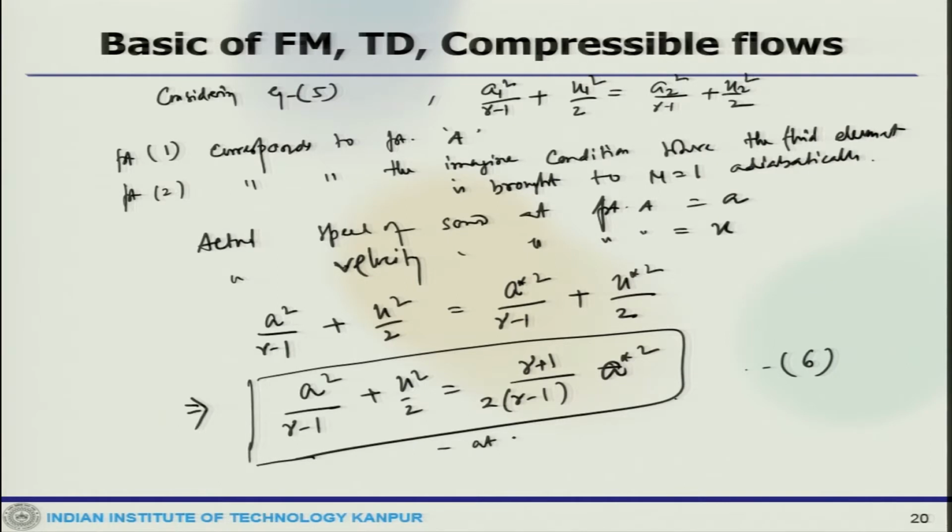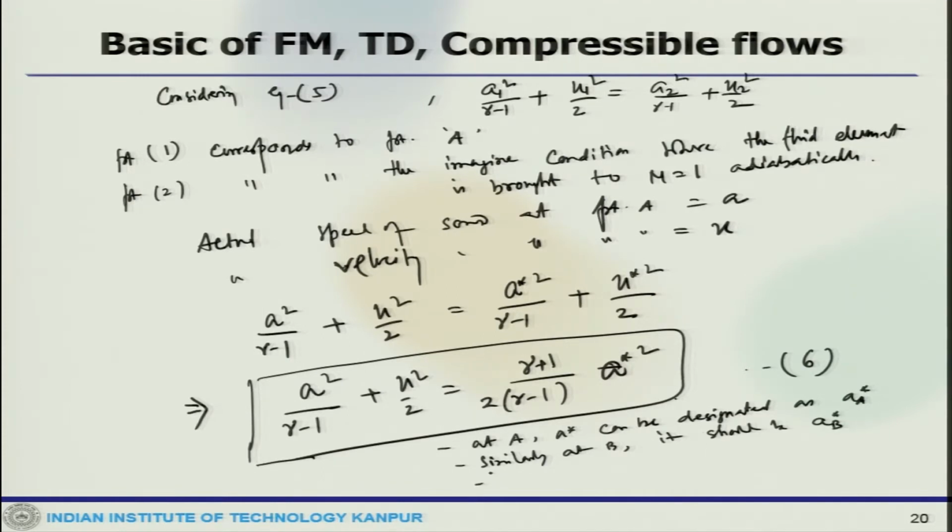at A, A star can be designated as A star. Similarly, at B it should be A B star.